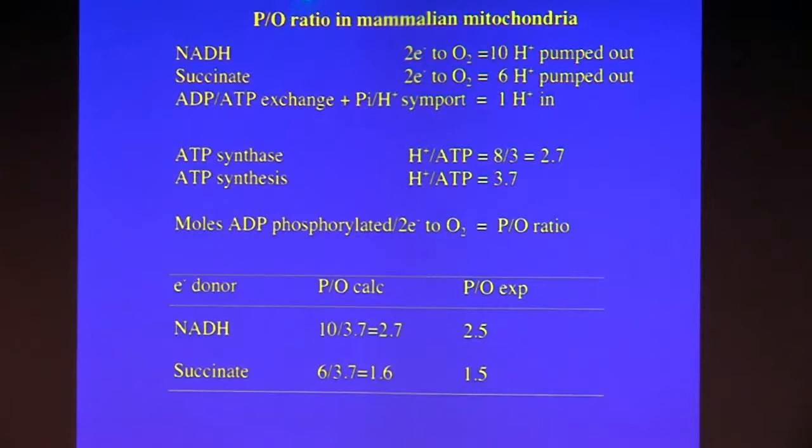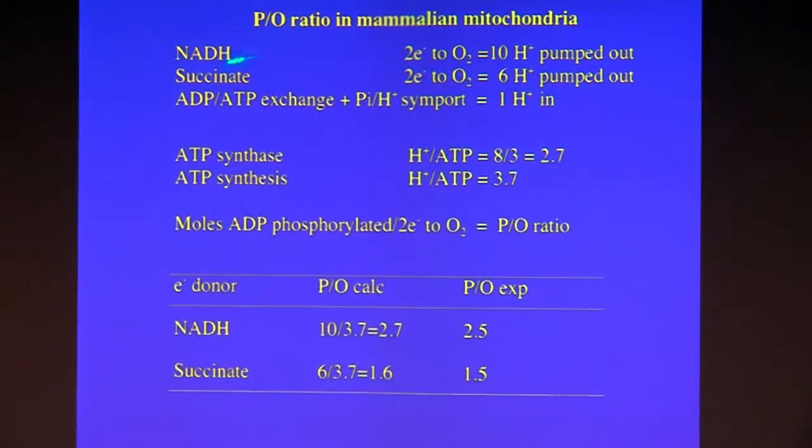Now, there's a very simple relationship between these experimentally measured P to O ratios and the proton ATP ratios that I've described. We can deduce, we think, from the structure of the enzyme.